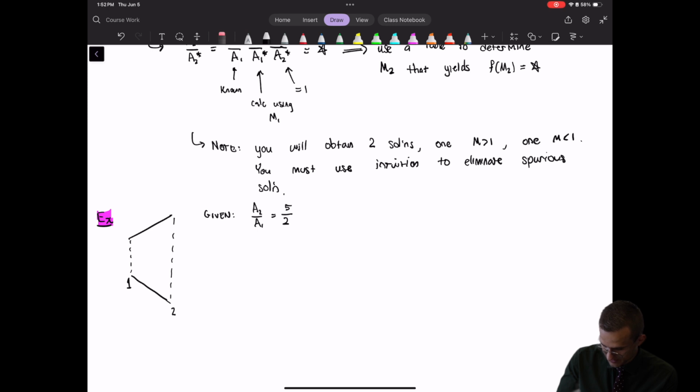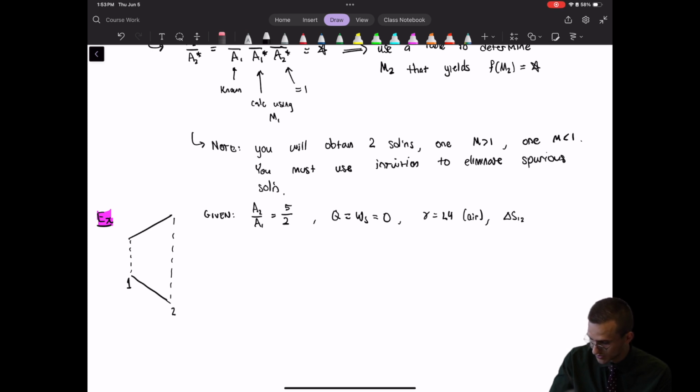We have that the total heat transfer and shaft work in the system is 0. We have that the ratio of specific heats, gamma, is equal to 1.4. In other words, we're working with air here. And then we have that the total change in entropy from 1 to 2 is 0. So we have no losses, saying that it's isentropic from 1 to 2.